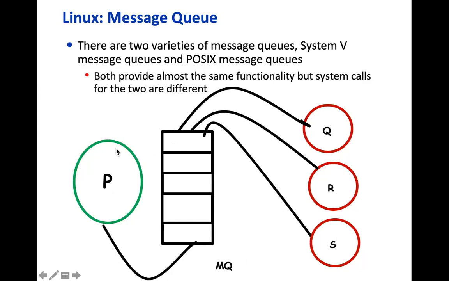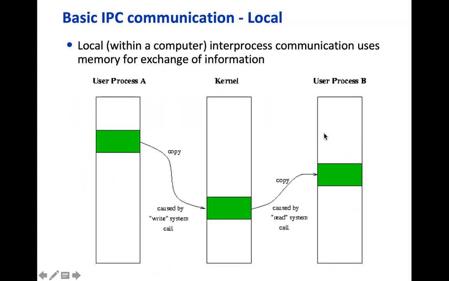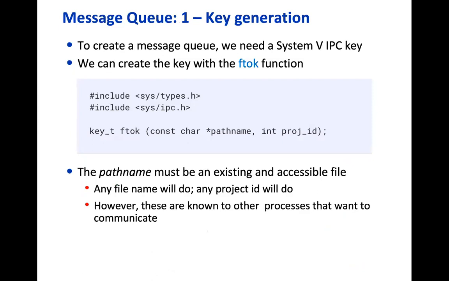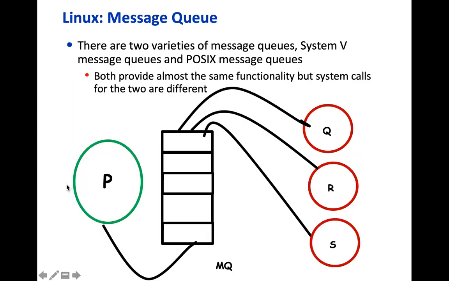There's a possibility that this process wants a message queue only for communication with a client, say Q only. But right now, let's assume that there are multiple clients of a server that will get messages through this message queue. So first thing is that we create the key. This process wants to create this message queue and get its ID number.